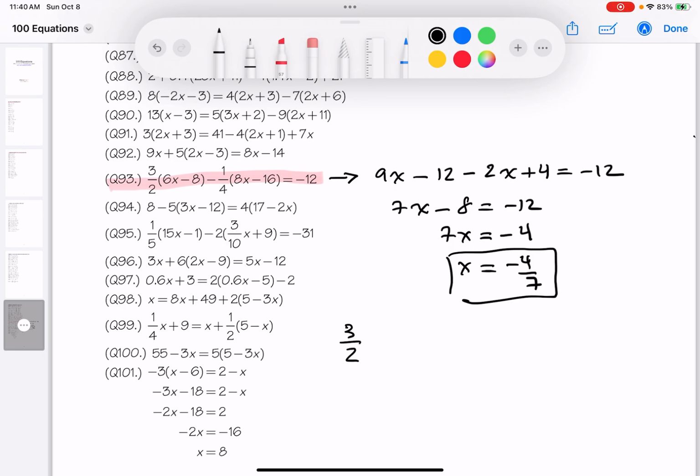So 3 halves. And 6 times that number is minus 24/7. Minus, well, let's turn the 8 into 7s. And 7 times 8 is 56. Minus 1/4. And 8 times minus 4/7 is minus 32/7.